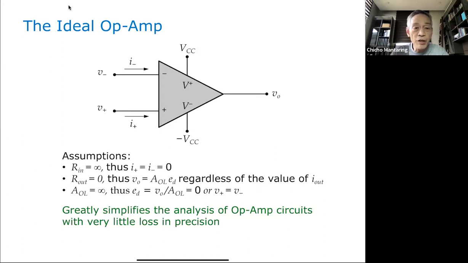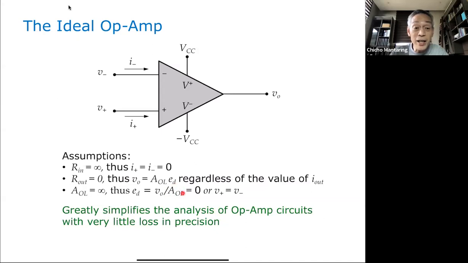And the third condition for your ideal op-amp is that your open loop gain is equal to infinity. Sabi ko kanina, it's in the 10,000s. Pag ideal yung op-amp mo, we just consider it equal to infinity. And if your open loop gain is equal to infinity, from this equation, E sub D is V sub O over AOL.